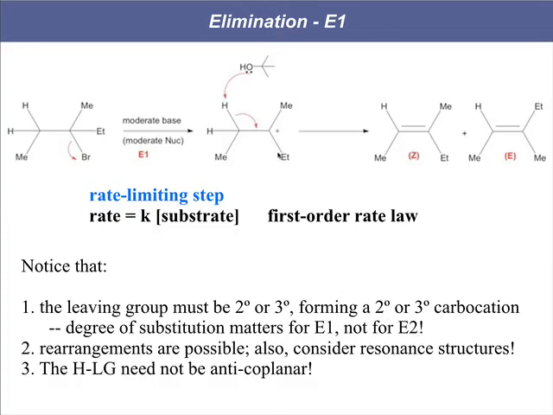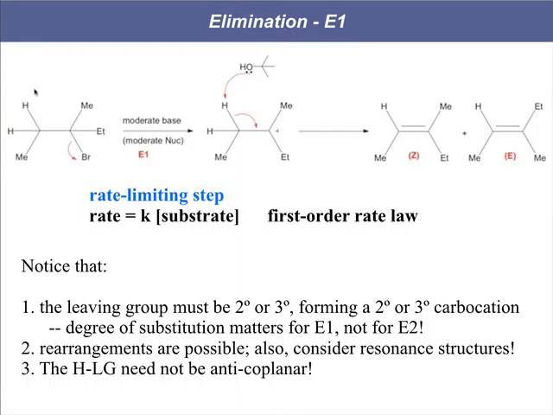So again, we are making carbocations, which means that, again, like in SN1, rearrangements are possible, and we also want to consider resonance structures. The big kicker for E1 is that the hydrogen and the leaving group need not be anticoplanar.